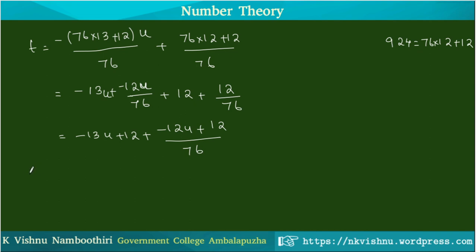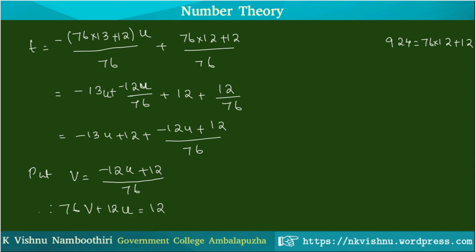So put v equal to minus 12u plus 12 by 76, and then again rearranging. Therefore 76v plus 12u equals 12.